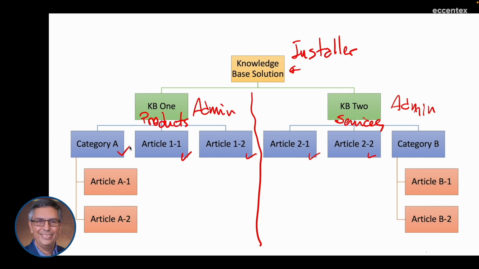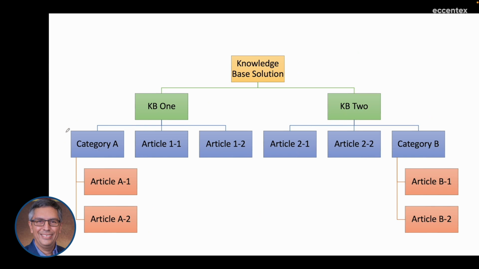So this means that in your homepage, you select the knowledge base first, and then you can select the category, and selecting the category, you are going to see only articles under that category, okay? The same for the other side. If you select the knowledge base 2 and then you select the category B, you are going to see only articles associated to that category.